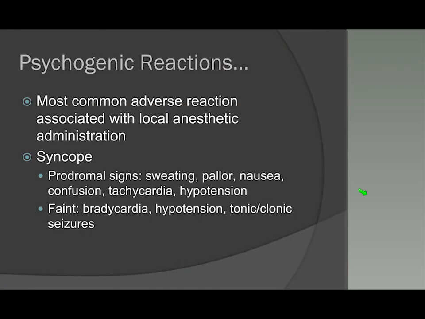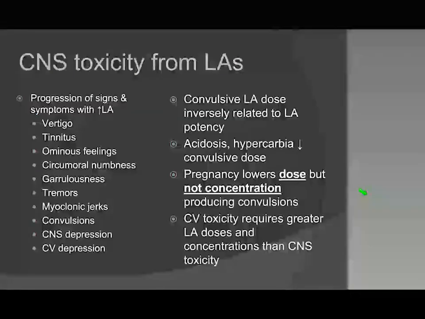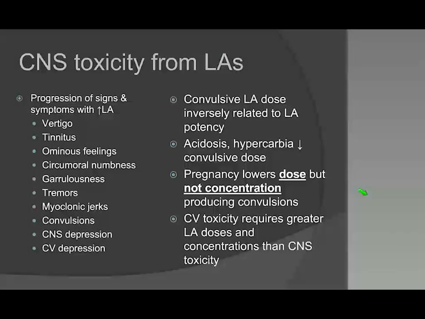Facial nerve paralysis usually happens when bone's not touched and local anesthesia is deposited on the lateral surface of the mandible into the parotid capsule, and you cause a little Bell's palsy type reaction there. Psychogenic complications are the most common. Accelerated heart rate, can even have syncope. Reassurance is usually sufficient, and those symptoms usually pass within just a few moments.